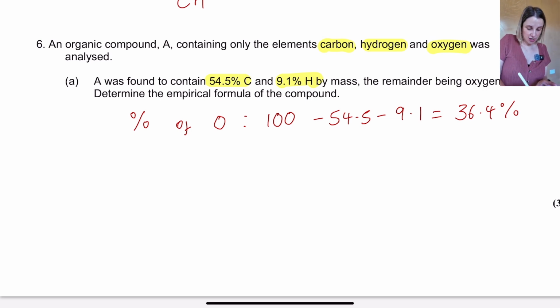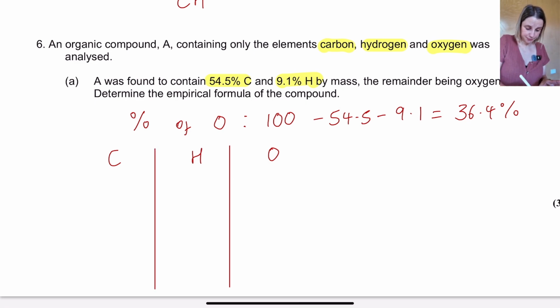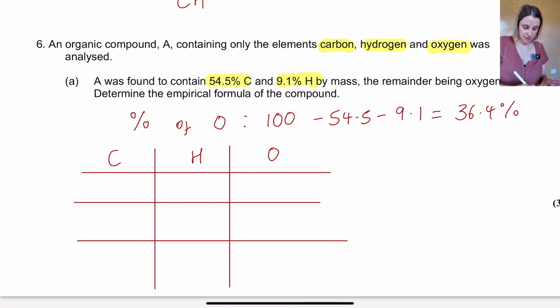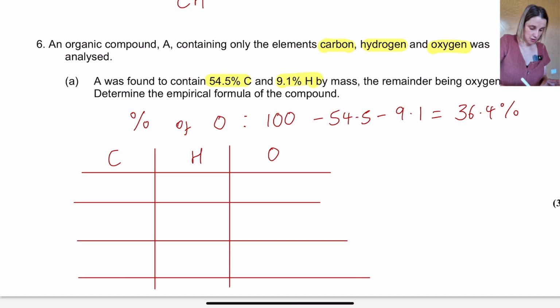And then what we can do is set up a little table so that we can compare the ratios of these. So for empirical formula, we're doing the ratio of the moles. So we're comparing the moles of each of these atoms in the compound. Let's put a little line here too. The best way to do this is to start by working out the mass or the percentage of each one of these.